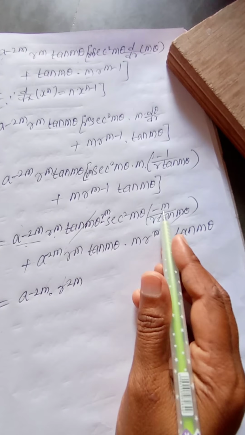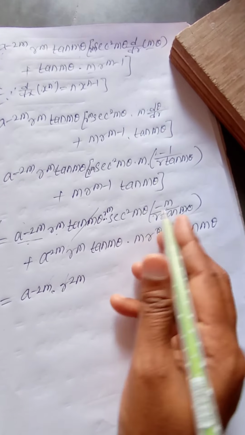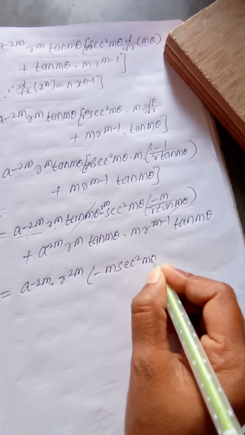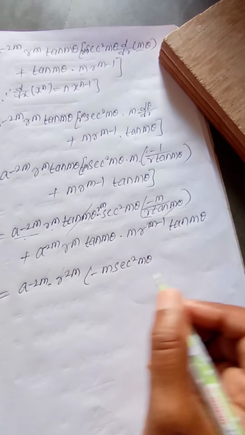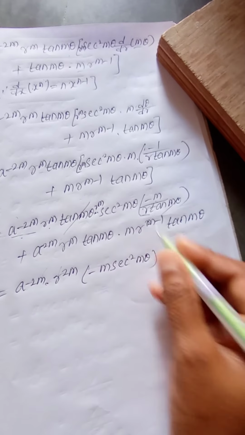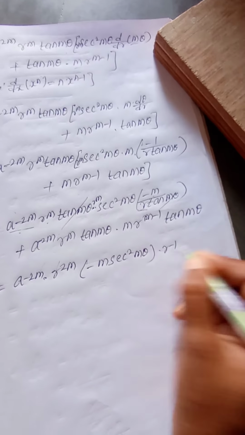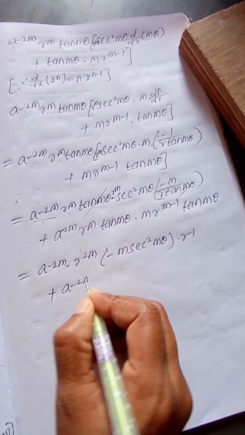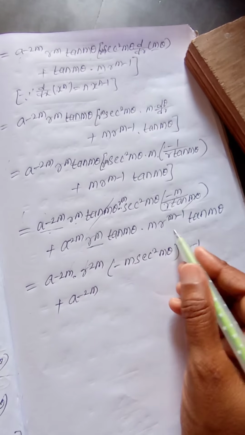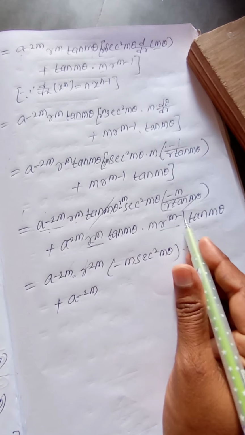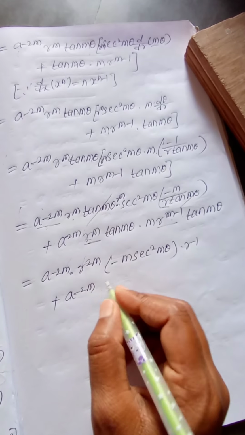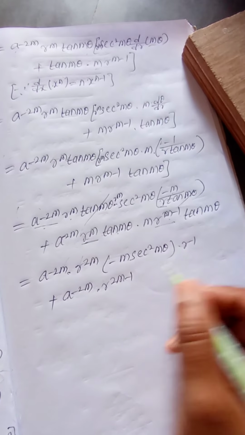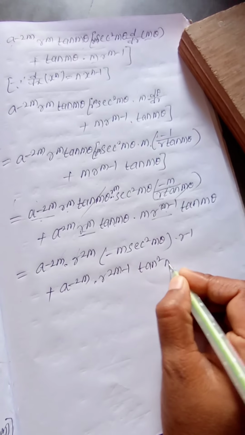So here minus m secant square m theta, and here the denominator is r, so r is written as r inverse. Plus here also a to the power of minus 2m, and here r to the power of m, r to the power of m minus 1, so the base is equal, the power should be added: r to the power of 2m minus 1. Next tan m theta into tan m theta, tan square m theta.